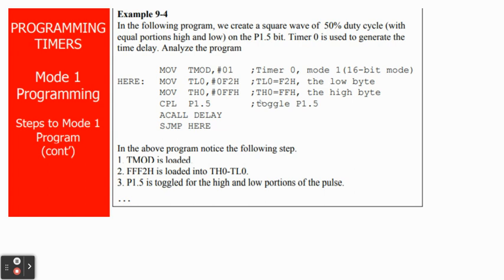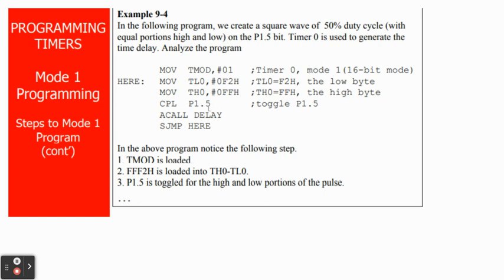The comment here is that TH0 will be equal to FFH, the high byte. In other words, the low byte here is F2, and the high byte is FF.